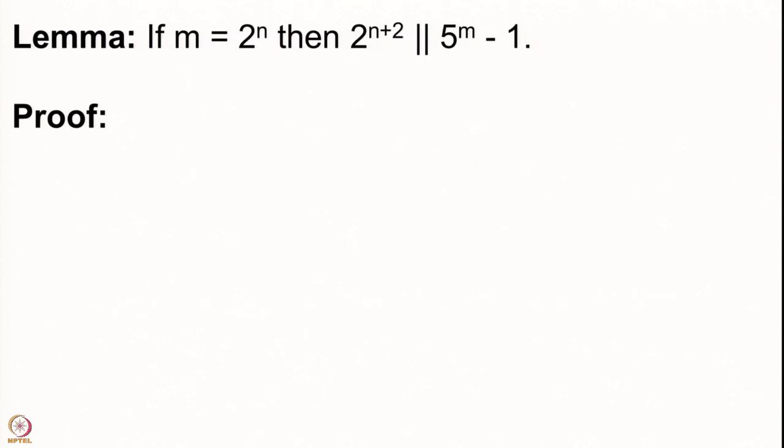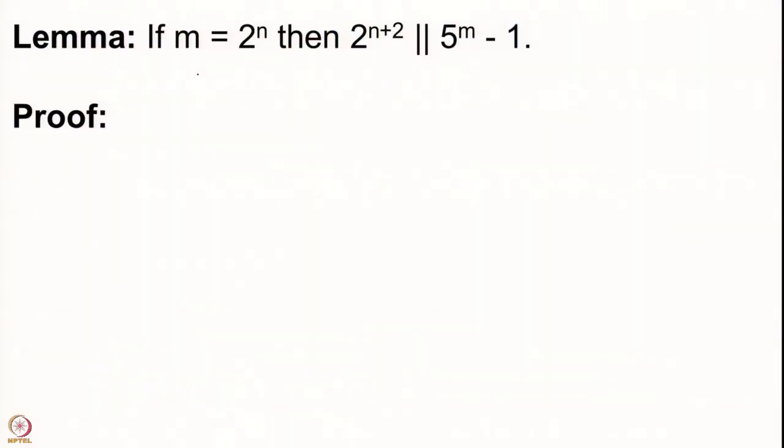As I said, we will have to do one small lemma here. So, the lemma says that if m is a power of 2, call it 2^n, then 2^{n+2} double divides 5^m minus 1. What is this double divide? The double divide is the exact contribution of the prime 2 to this number.